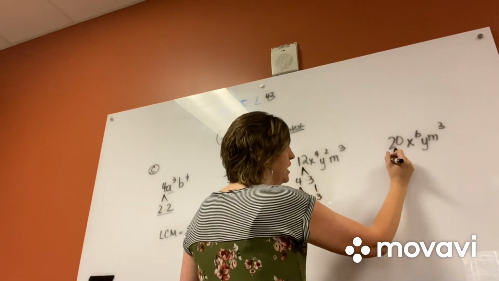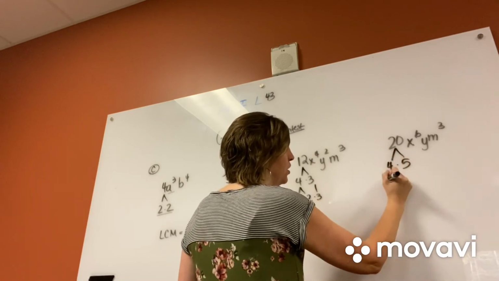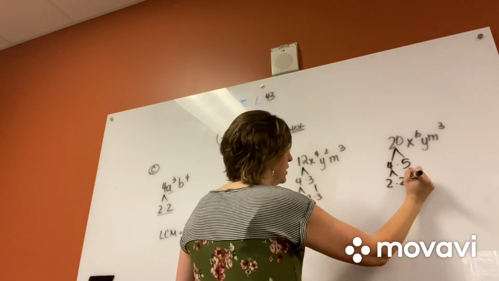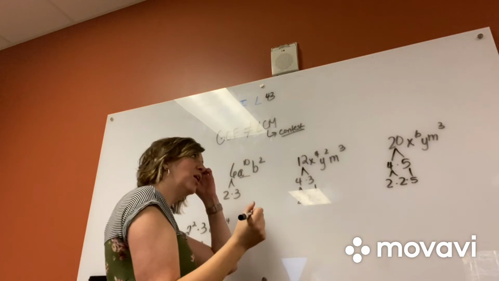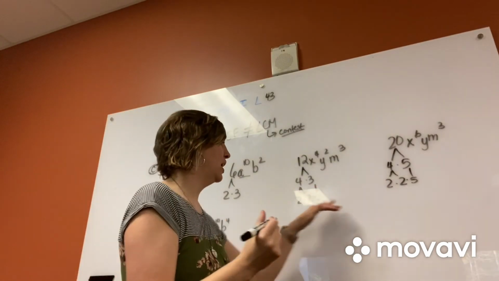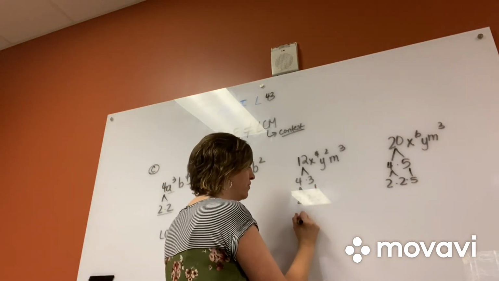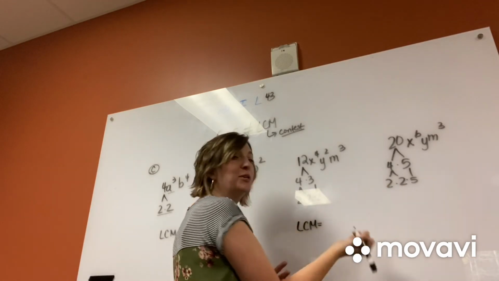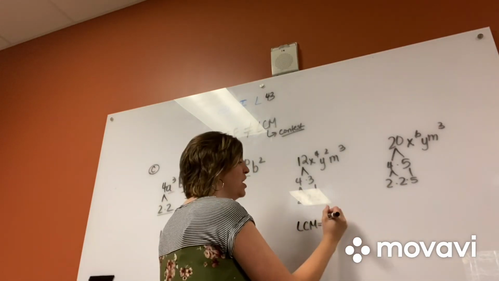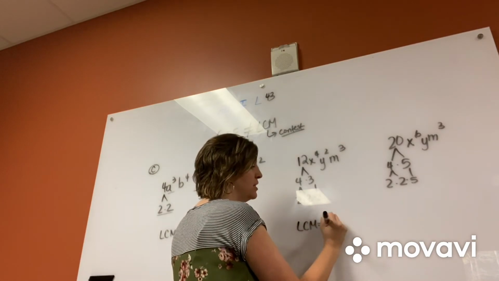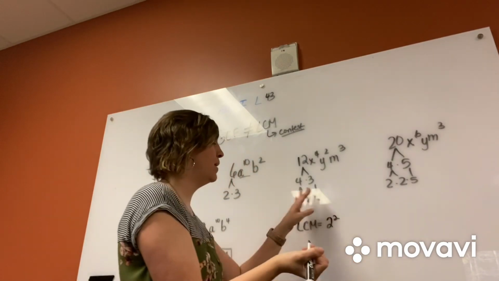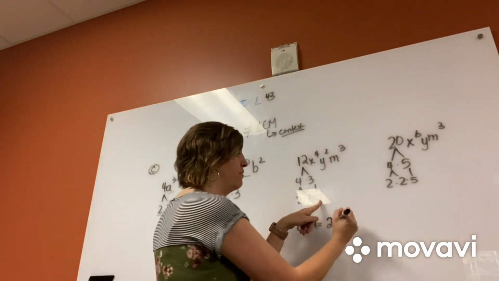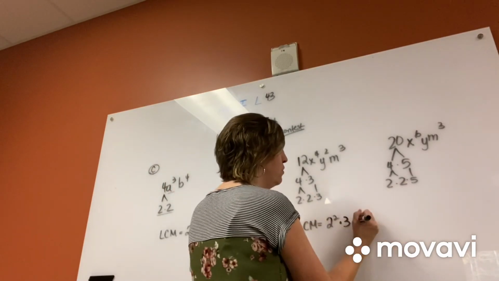And then 20 would be 4 times 5, which is 2 times 2 times 5. All right, so let's take a look at our factors first. So my LCM, there's 2 2's and 2 2's, which would make them GCFs, wouldn't they? But in my LCM case, it's still 2 squared is the most amount of times that 2 is used. I've got 1 3 and 1 5.